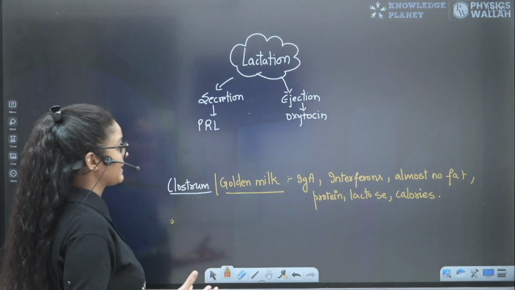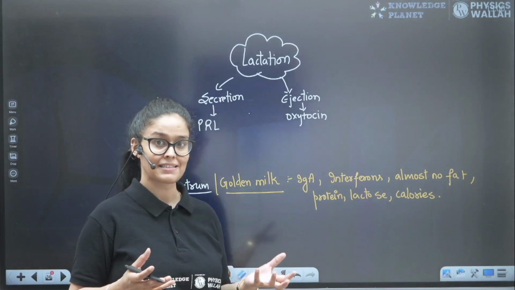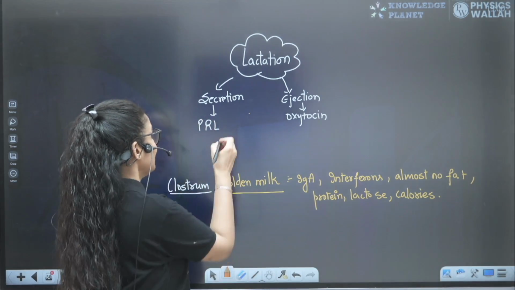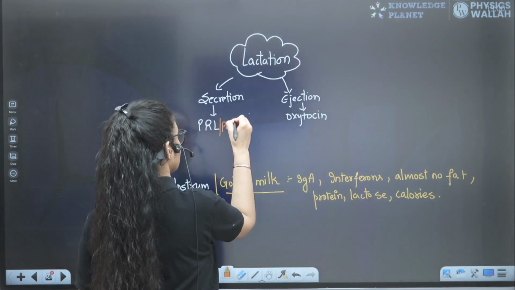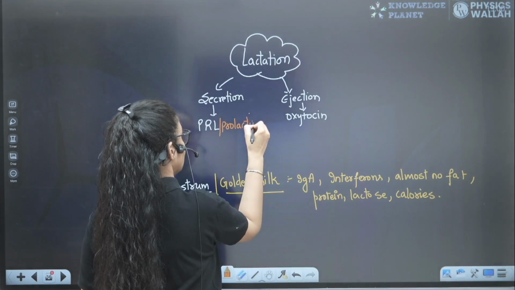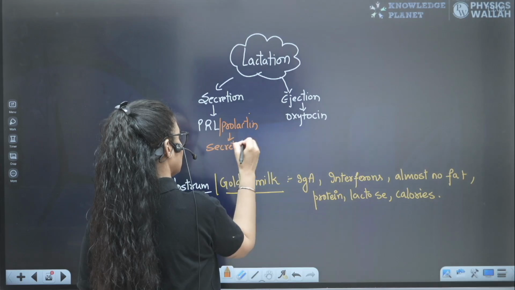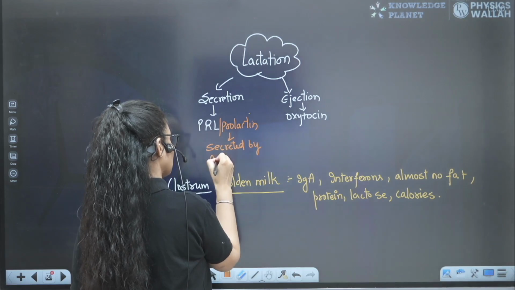And lactation, finally the baby has come out. Lactation means the mother has to secrete milk under the prolactin hormone, which is secreted by the anterior pituitary gland.